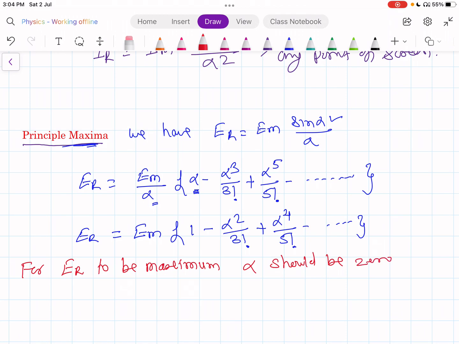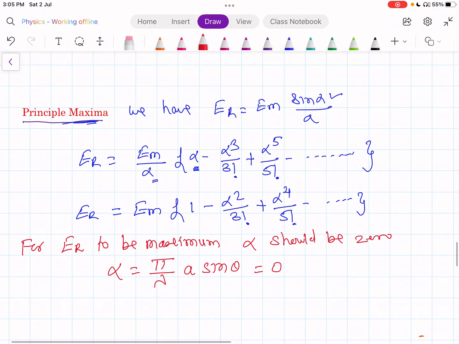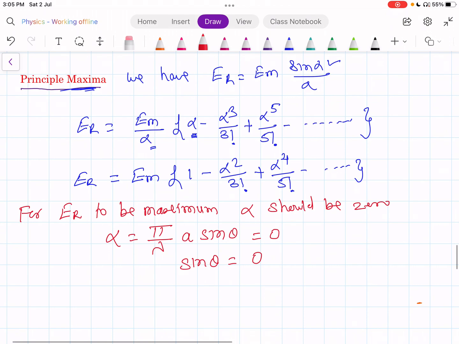But we know this alpha is nothing but pi by lambda a sine theta. Now pi by lambda a cannot be 0. So sine theta should be 0 to get alpha equal to 0. And you get sine theta equal to 0 when theta is equal to 0.